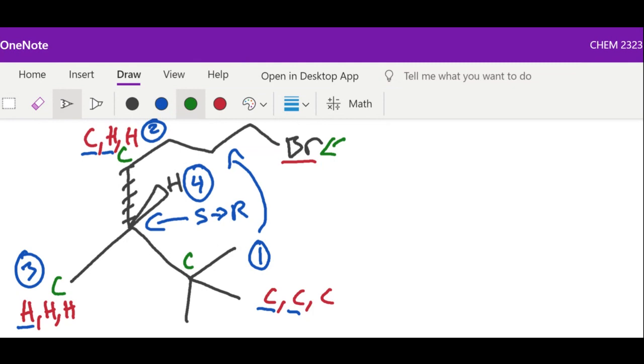Was that your question? Yeah. Okay. And then this bottom one is bonded to 3 other carbons. That's why this one was number 1 and this was number 2, regardless of bromine.